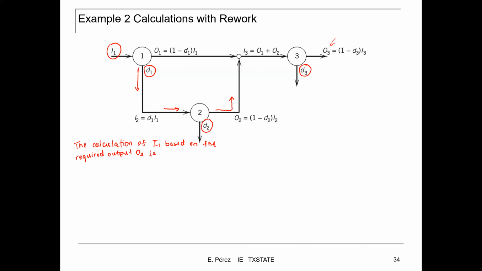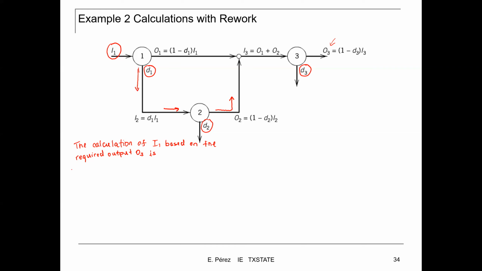Okay, so we can start with that. We know that there's a requirement, that's the output, and we want to know what is I1 based on that requirement at the end of the process.